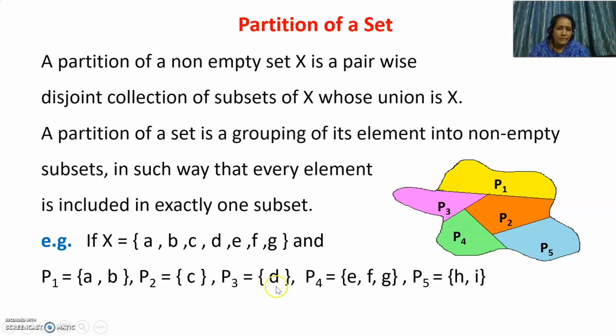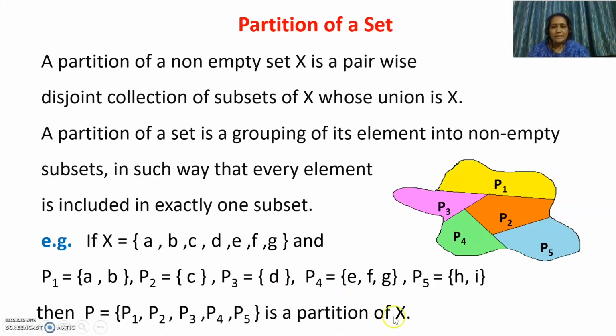In P3 it is d, in P4 it is e, f, g. That is, the intersection of P3 and P4 is equal to phi. That is, the intersection of any two partitions is the empty set. But if we take the union of these five partitions, P1, P2, P3, P4 and P5, then we will get set X, and hence we say that P is a partition of set X.